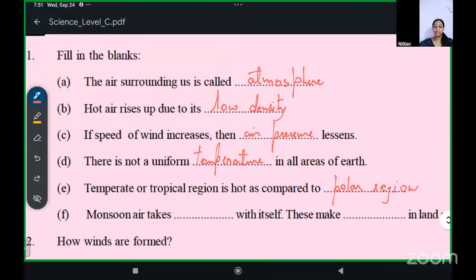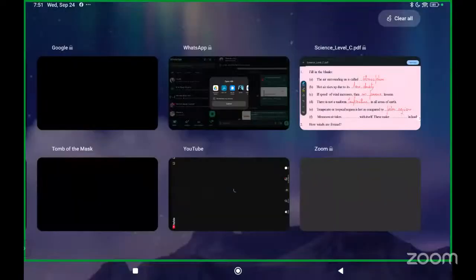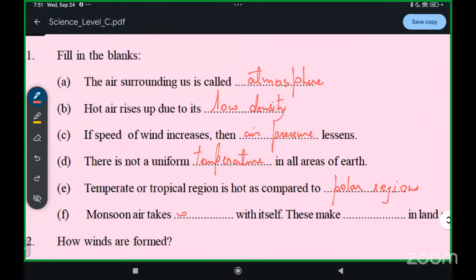Next one, monsoon air takes moisture with itself. These make rainfall in the land. Yes.